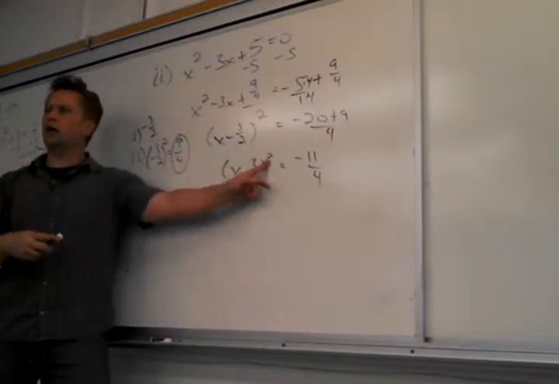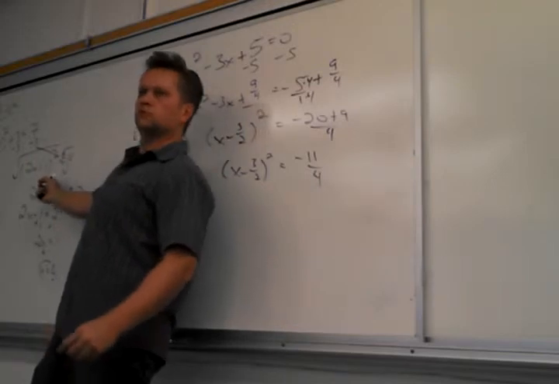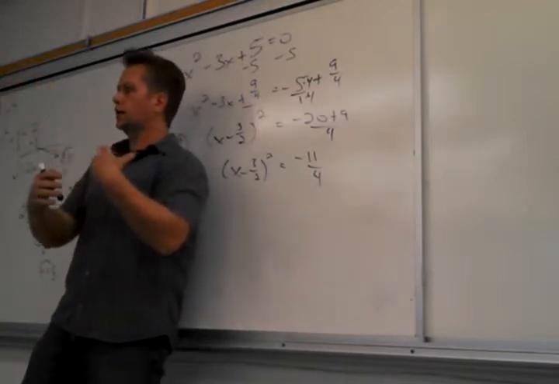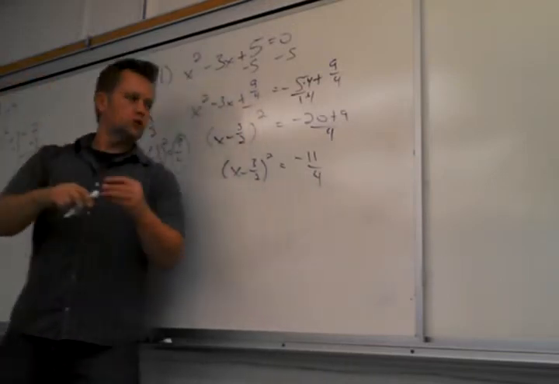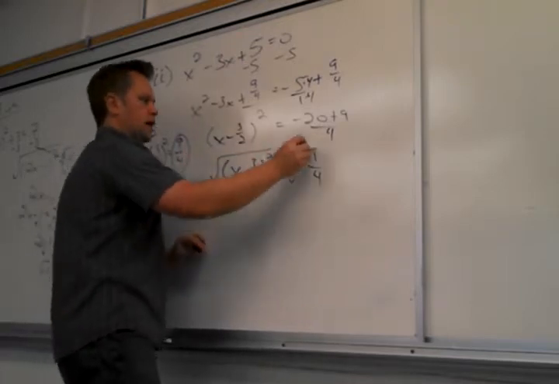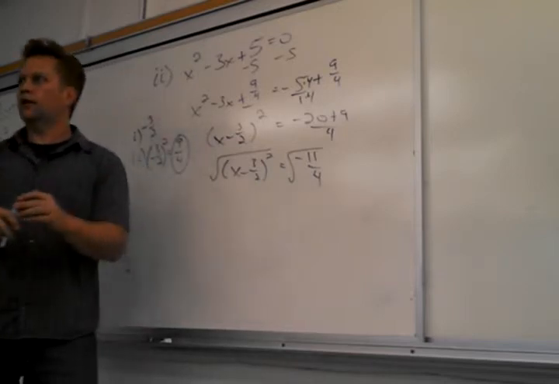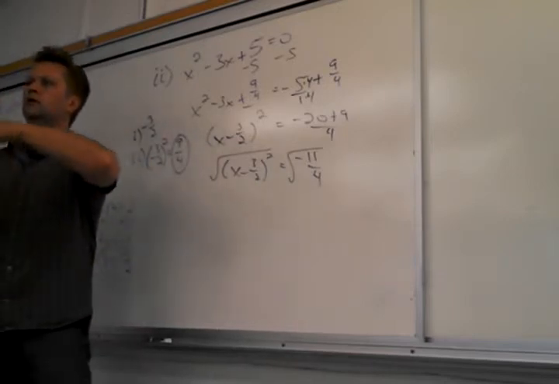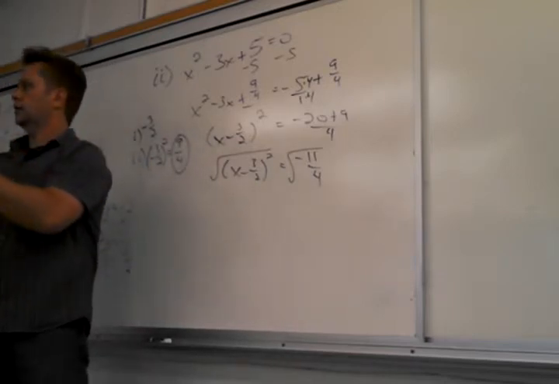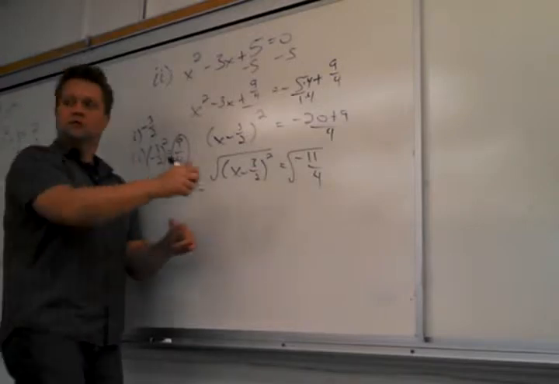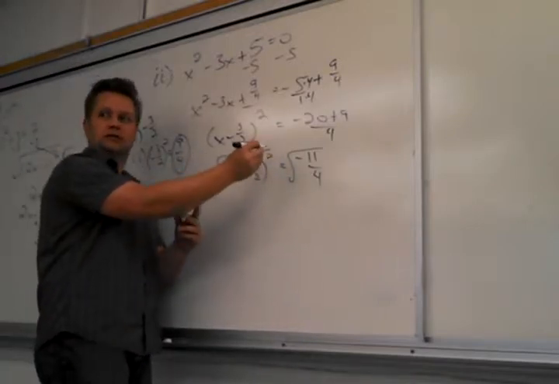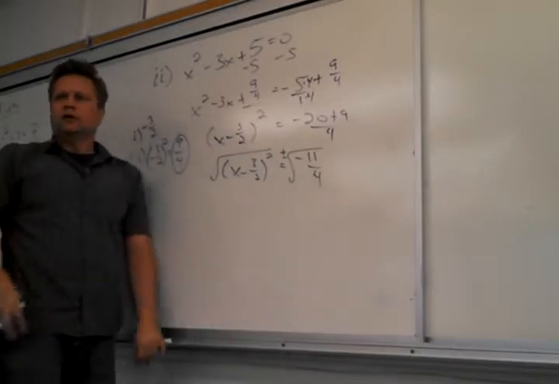I want to kill that square, same thing we did there, so that my x can get out of there. If I take a square root, why would somebody think that's bad? Square root of a negative, but we can handle that. That just means an i will show up. So if I take the square root, what do I need to put? Plus or minus. Cool.